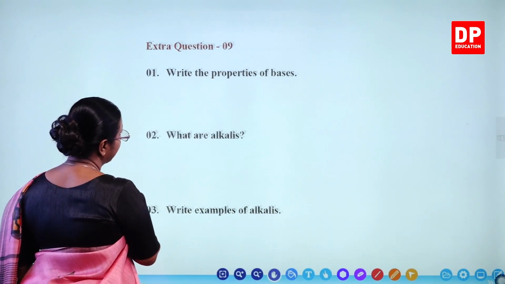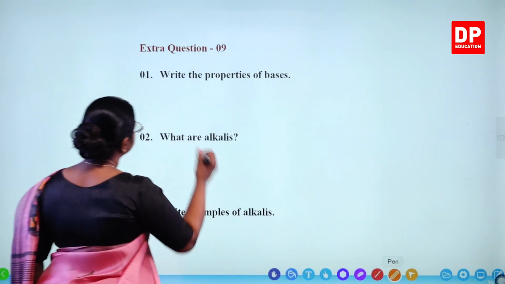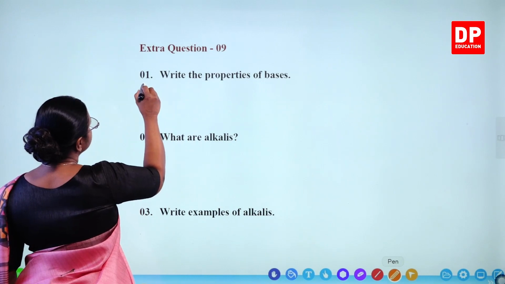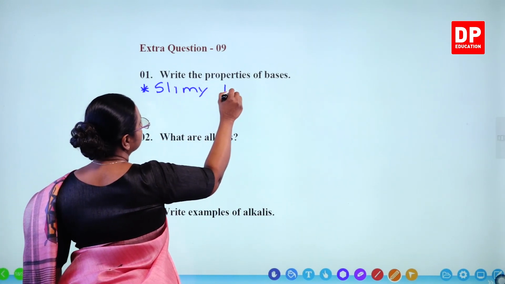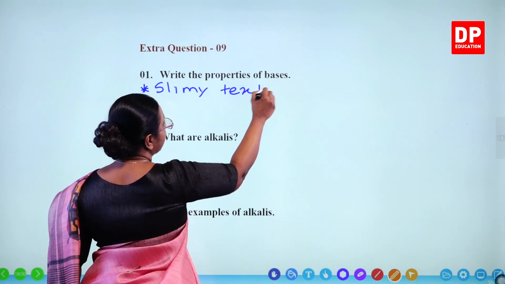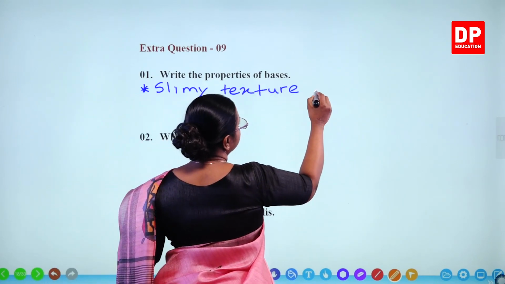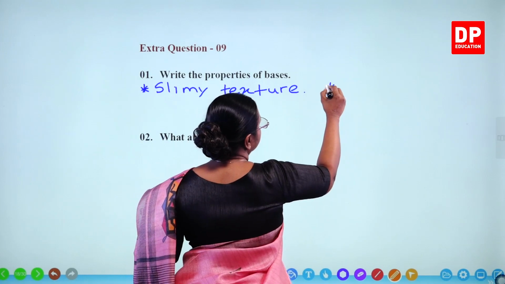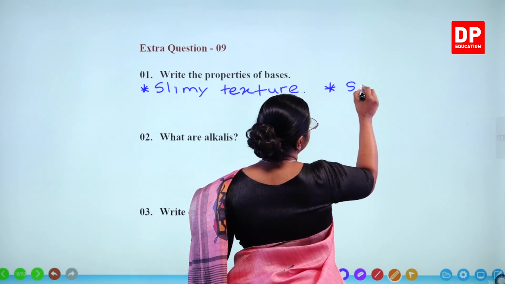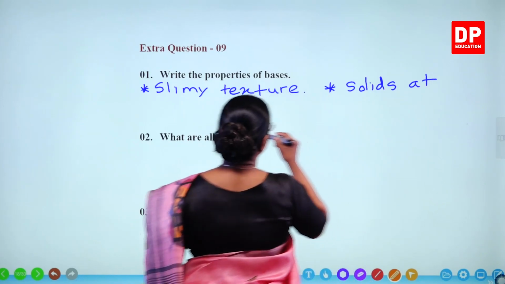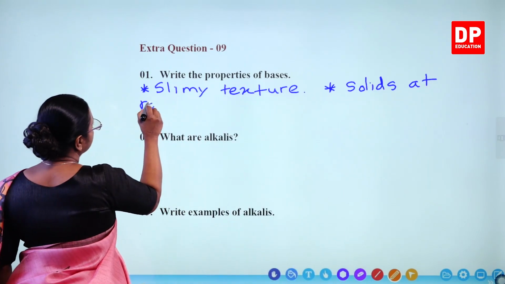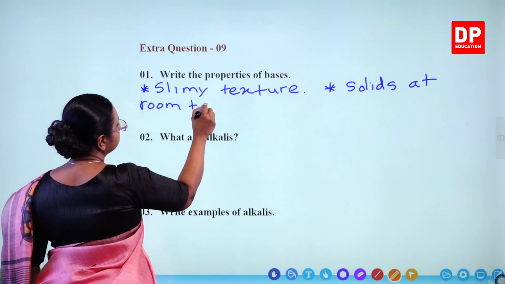We can write them down here. Bases have a slimy texture. I will write short answers. Slimy texture. Then they are solids at room temperature.